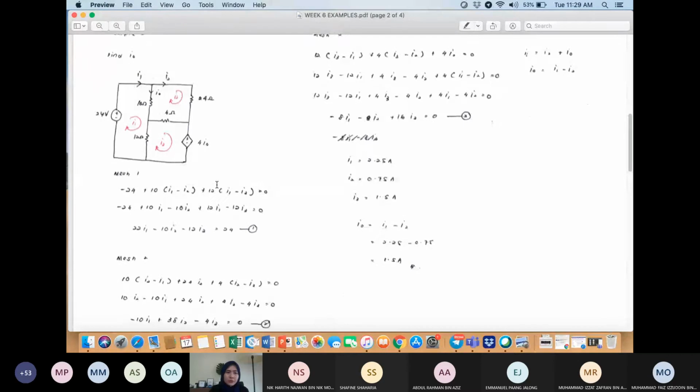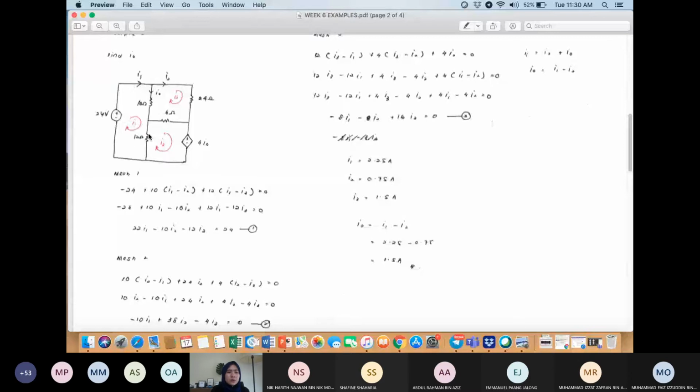Next, do KVL for each loop. So for loop 1, this is negative 24 plus you have a resistor in between 2 loops. So this will become 10 multiplied with I1 minus I2, because the current over here is I2, plus this one is located in between loop 1 and loop 3.